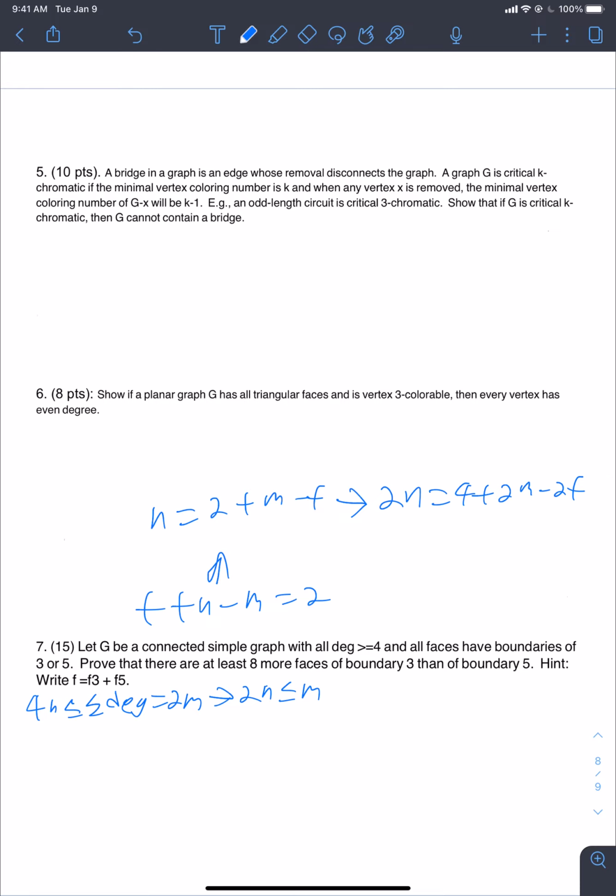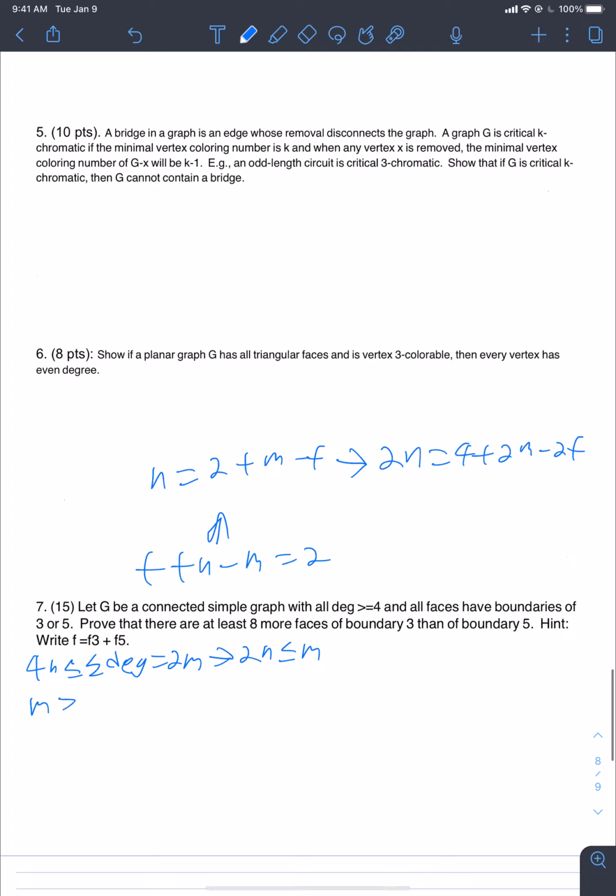Then we can substitute in m, and we get m is greater than or equal to 4 plus 2m minus 2f. Moving around the terms, getting rid of m on one side, and rearranging, we get m is less than or equal to 2f minus 4. Now f is equal to f3 plus f5.